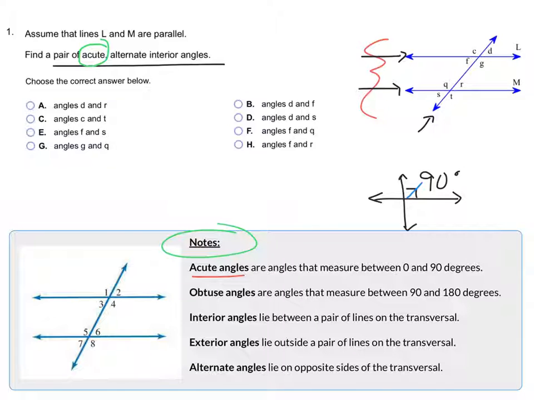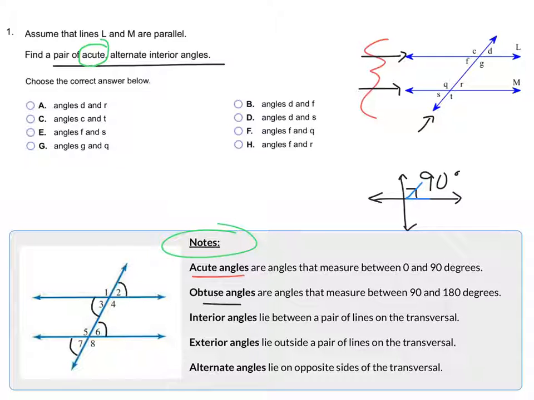So if we cut that angle in half, this is an example of an acute angle. If we look at the diagram on our left, we can see that angles 2, 6, 7, and 3 are all acute angles.